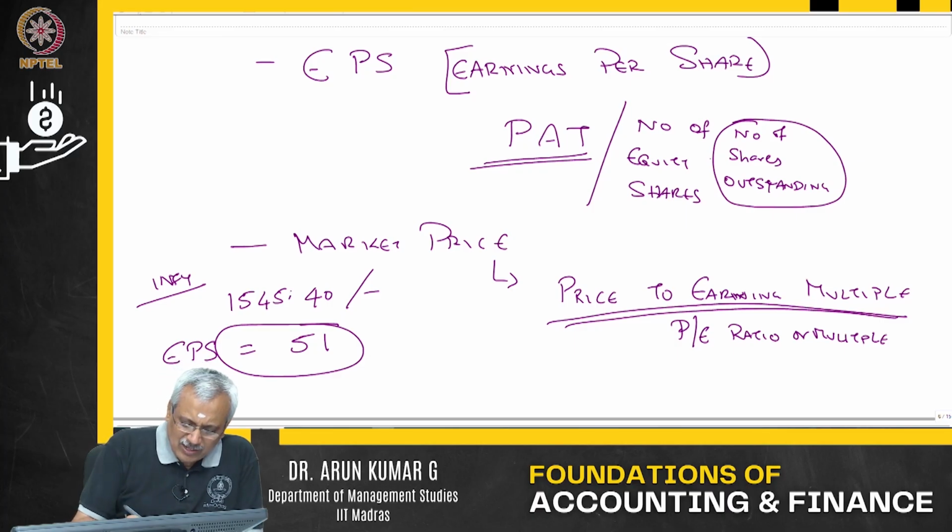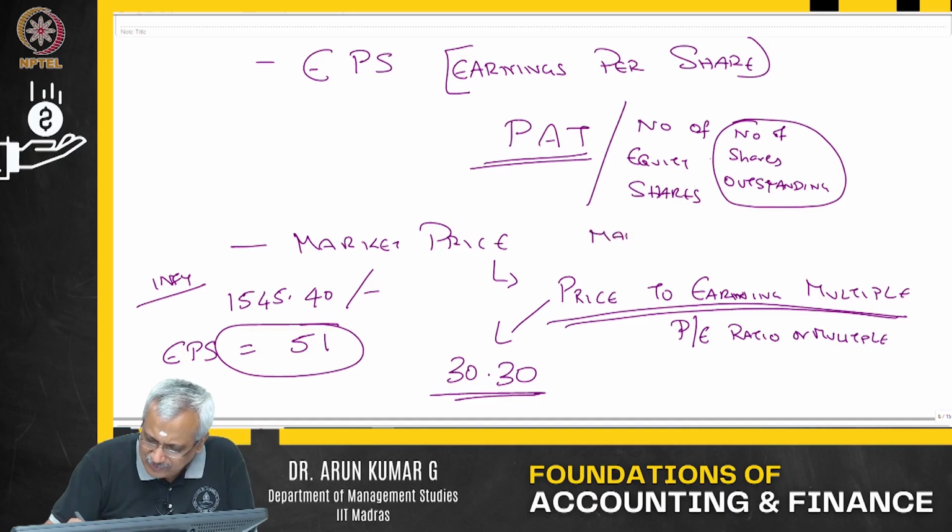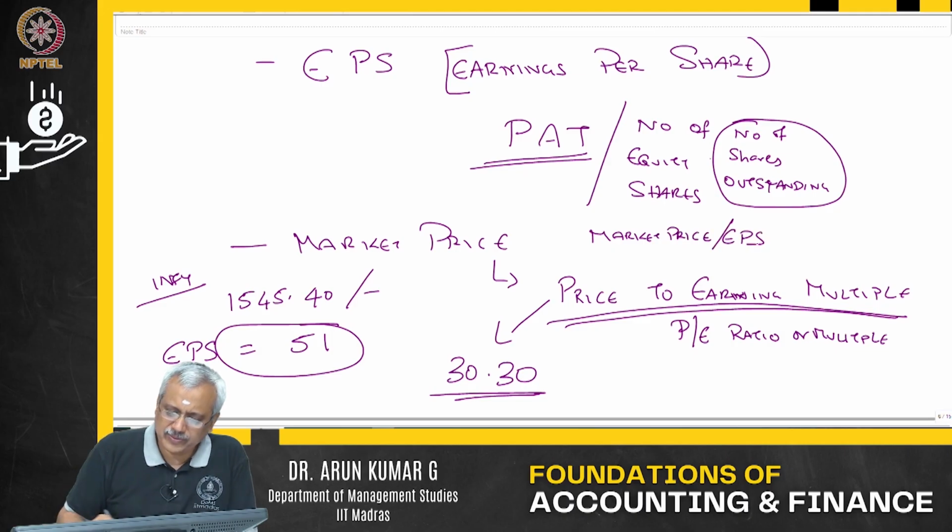That means the price is how many times? 1545.4 divided by 51, Suhail, what is it? 30.30. That means my price to earning multiple is 30.30. That is the market price divided by my EPS.